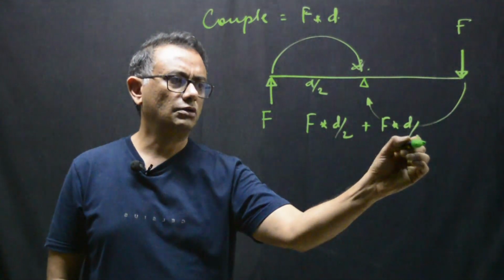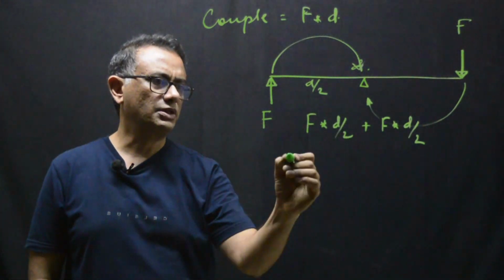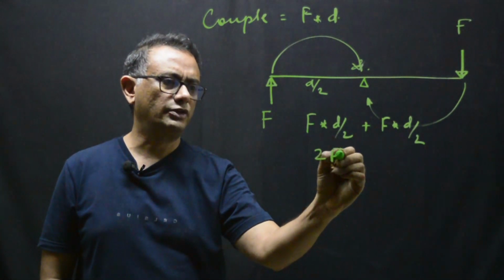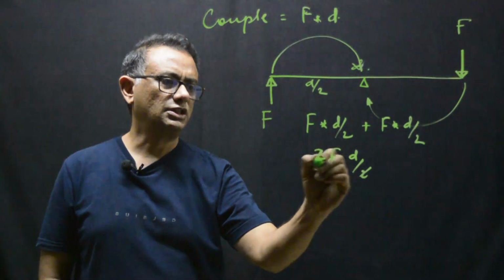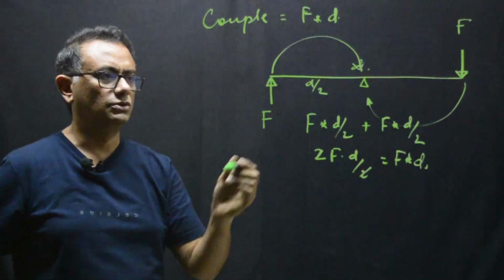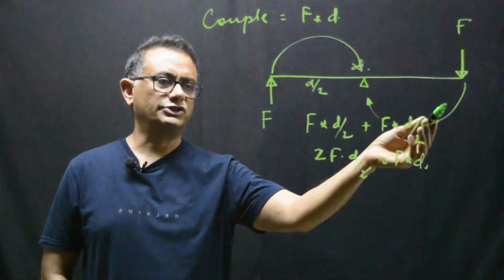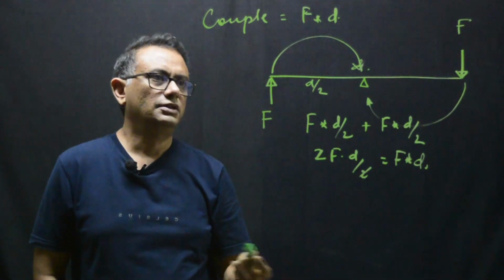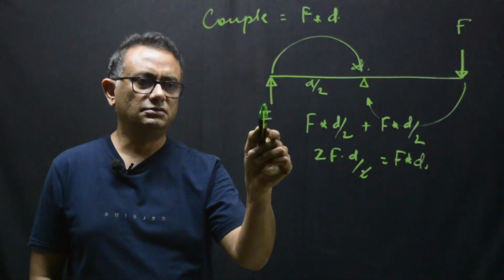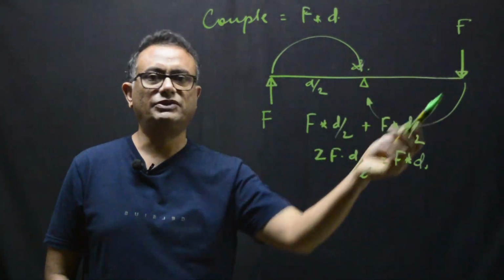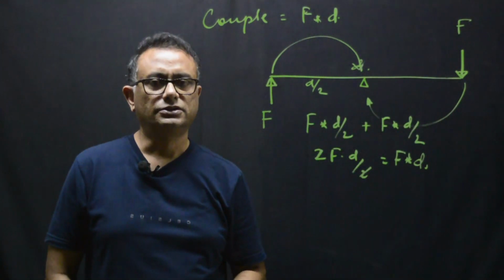So overall moment of this member is going to be F into D by 2 plus F into D by 2, which is 2F into D by 2, which is nothing but F into D. So that's what is called a couple. If two equal and opposite forces are acting on an object such that the object can rotate, the couple is nothing but one of the forces multiplied by the overall distance between the forces, F into D.